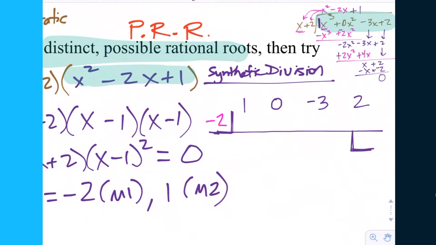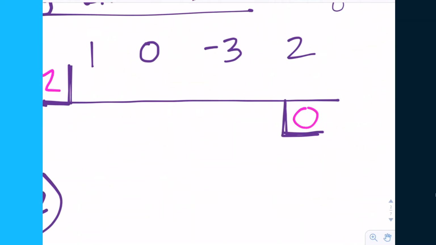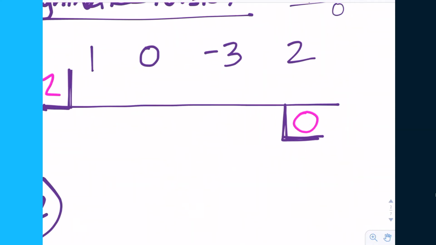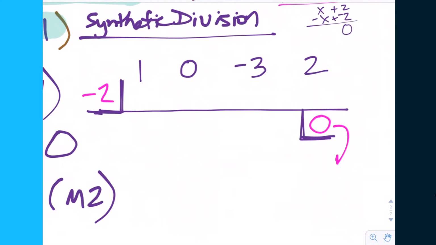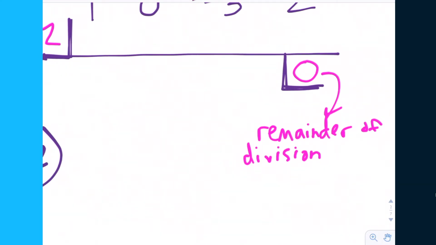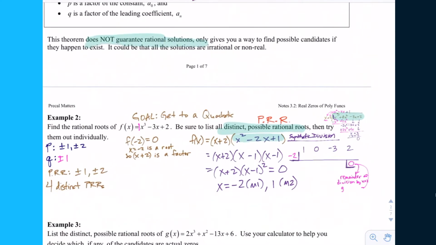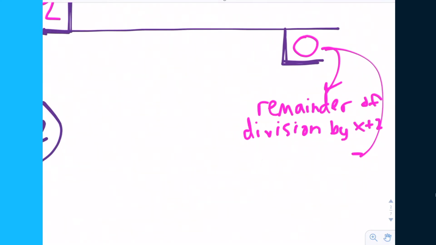Okay, now we've already plugged it in and we got out a 0, so that result box should be a 0. Now the result box is actually 2 things. It's pretty cool. It is not only the remainder when you divide by x plus 2, but it's also going to be f of -2.